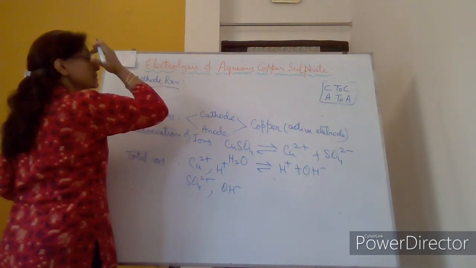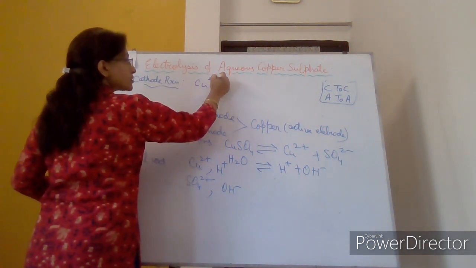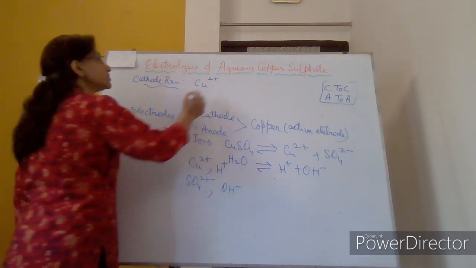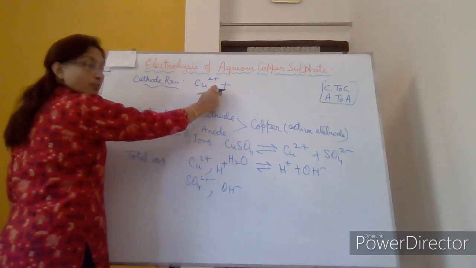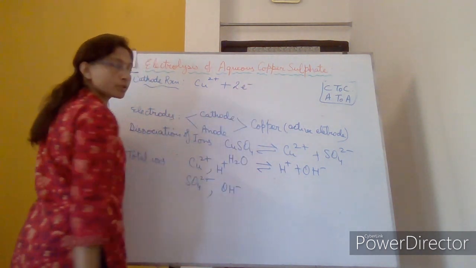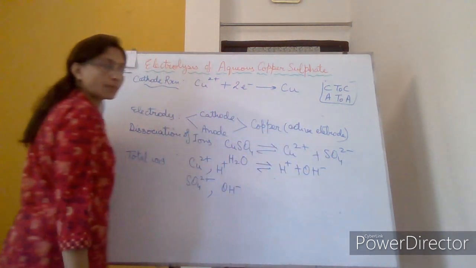So what happens at the cathode? The reaction will be: Cu2 positive migrates. The second step, discharge. How does it discharge? By gaining 2 electrons, and it is going to produce Cu.